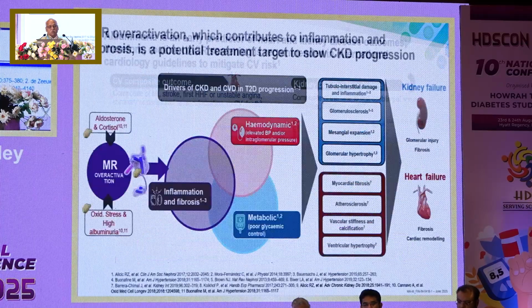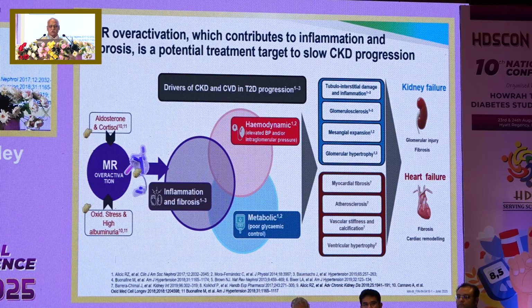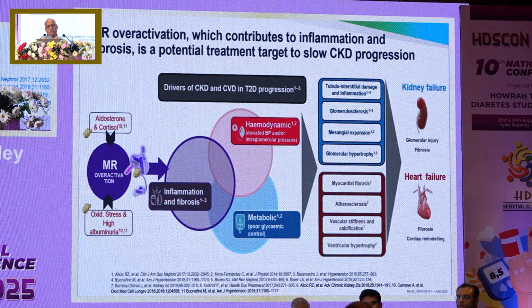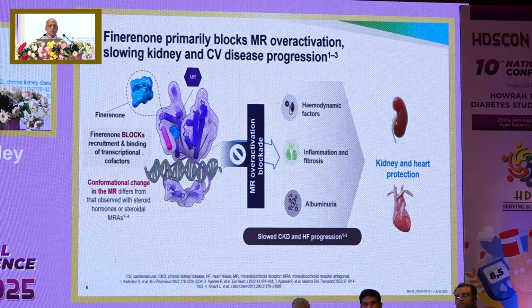So it's important to pick up these cases, and as you know, the overactivation of the MR receptor is most important. Most of these molecules which block it, whether steroidal like spironolactone and eplerenone or non-steroidal, act by preventing this mineralocorticoid receptor overactivation.